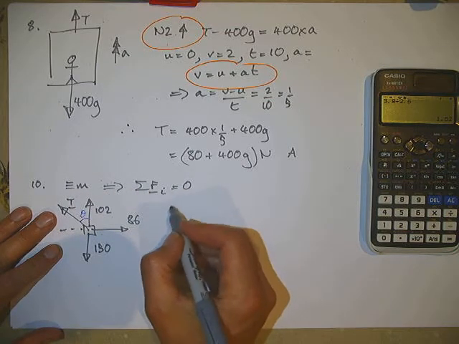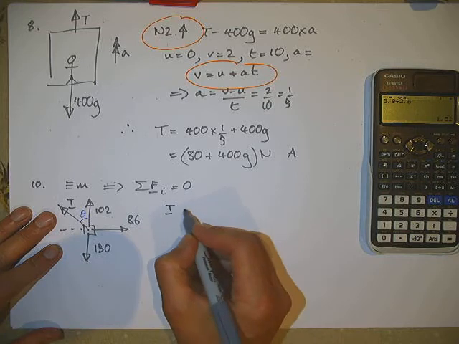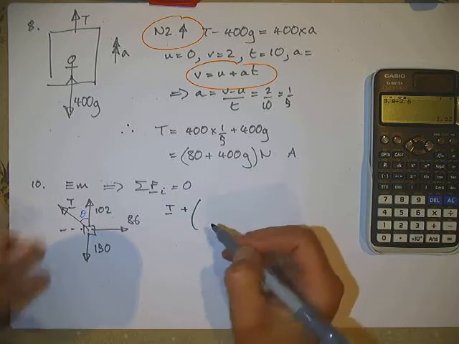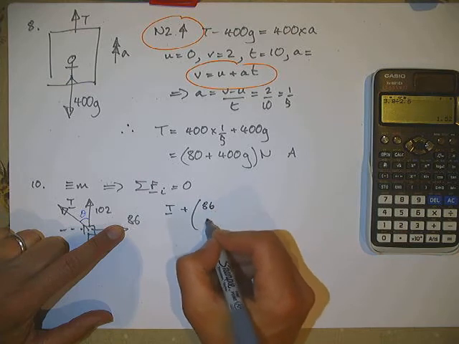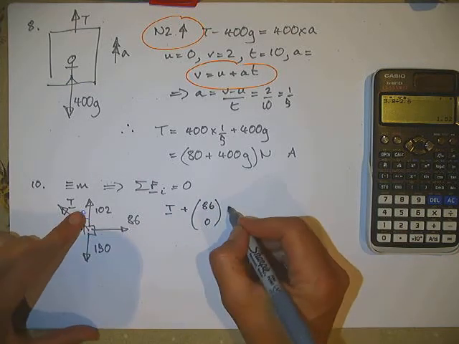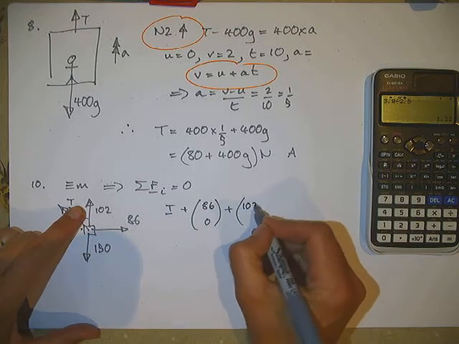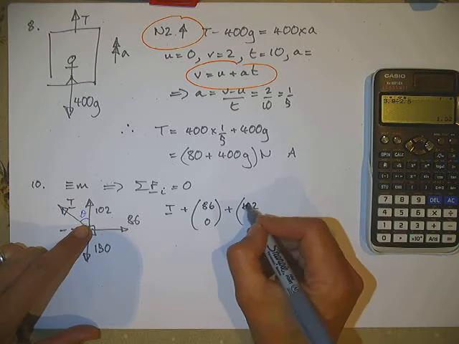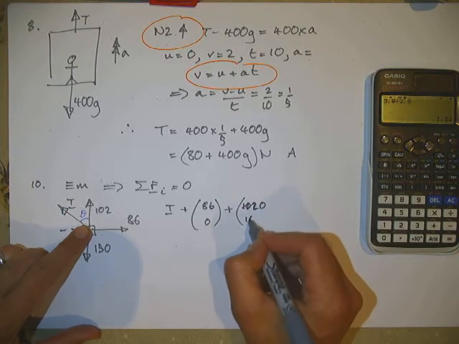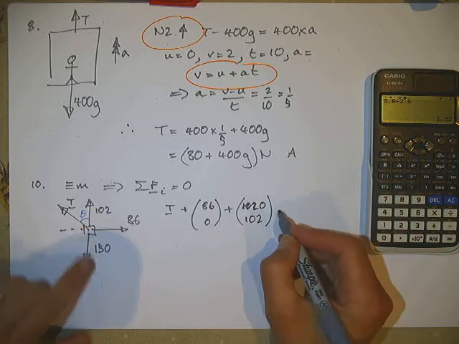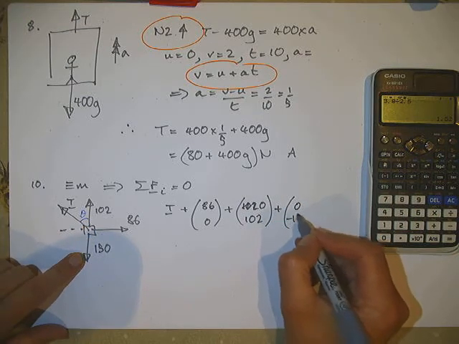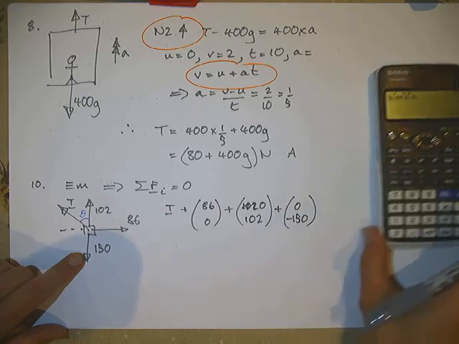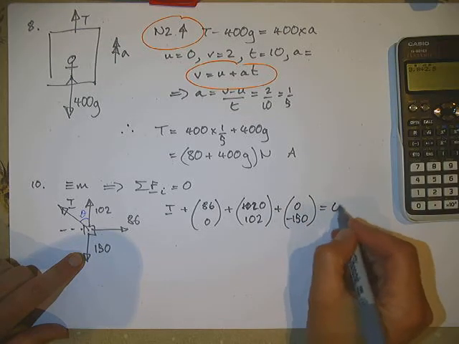So T plus, we've got that one there is 86 to the right and nothing up. That one's 102 up, nothing across. This one is nothing across and 150 down. And they all have to add up to 0.